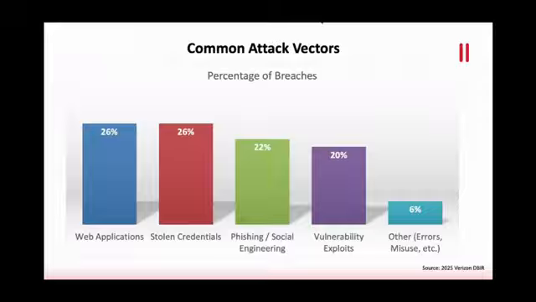And then finally, we had the other causes such as errors, misuse, and that serves as a reminder that even with well-intentioned actions, they can open the door up to risk. So the takeaway from this, organizations have got to balance their technical defenses with both user protection, ensuring a layered security that addresses your apps, your credentials, your people, and your patches.